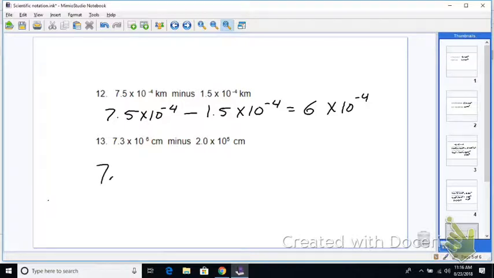So on 13, they are different. It does not matter which one you change into the other. You have to change one into the other exponent. You have to make the 5 a 6. You're going to make this become a 6 and then move this decimal to do that. Which way would you move that to make it a 6? Left or right? Left.